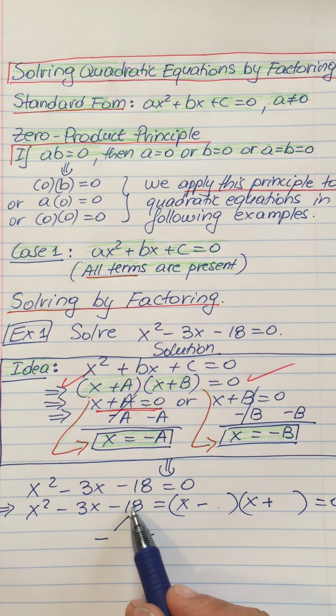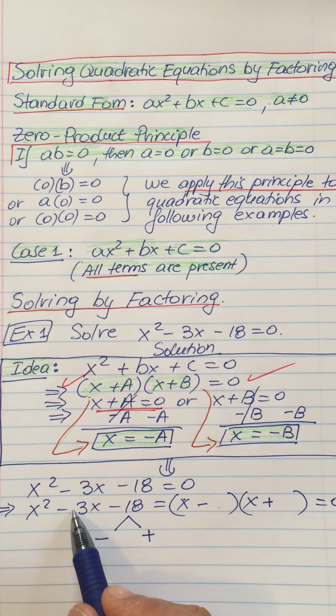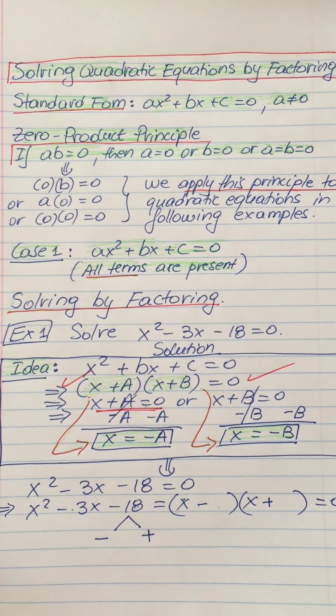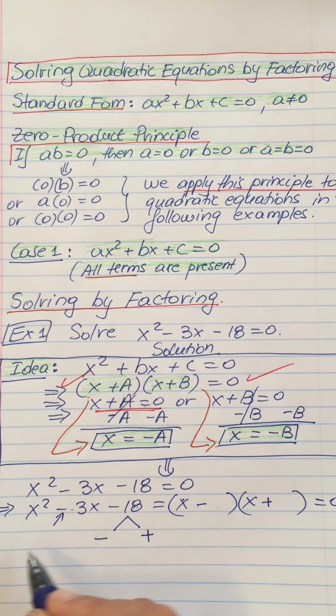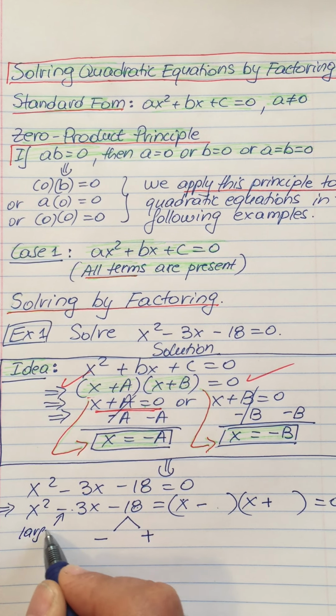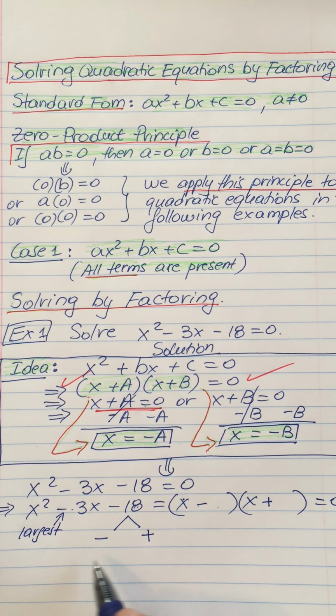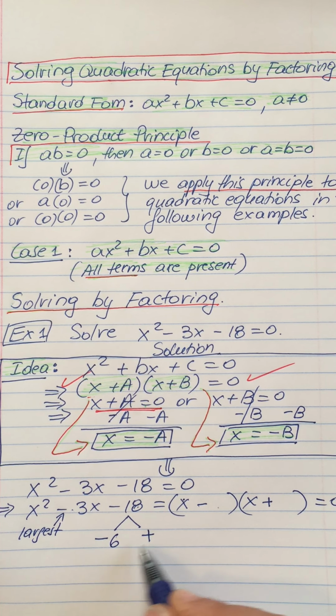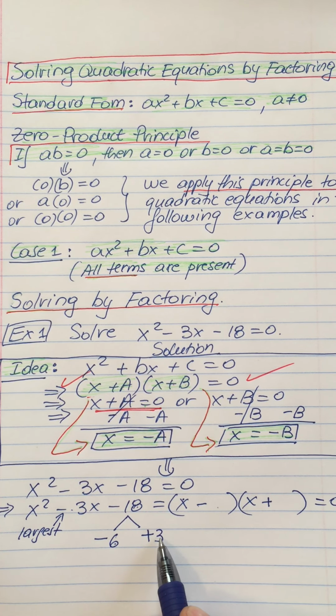Now, what are the factors of 18 that will satisfy the sum negative 3? This is telling us the larger one will be negative. 18 is 6 times 3, and 6 minus 3 is 3. So these are the numbers.